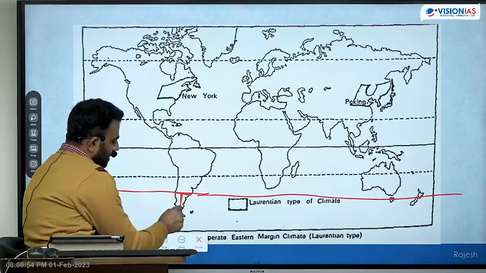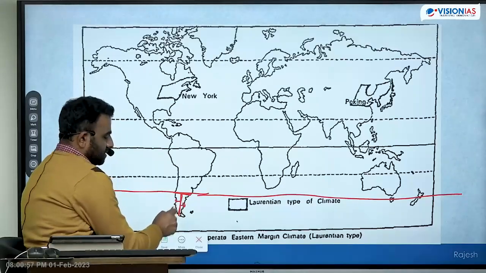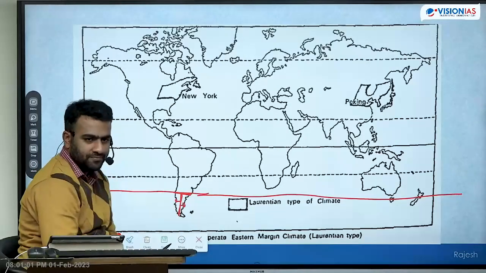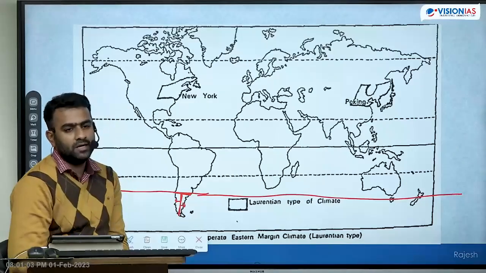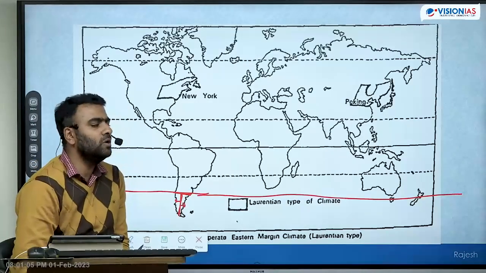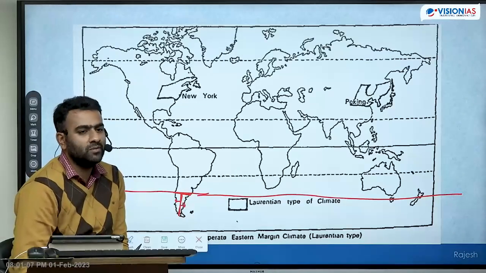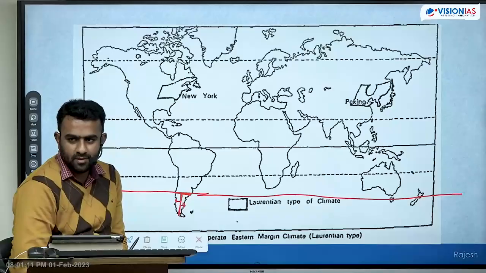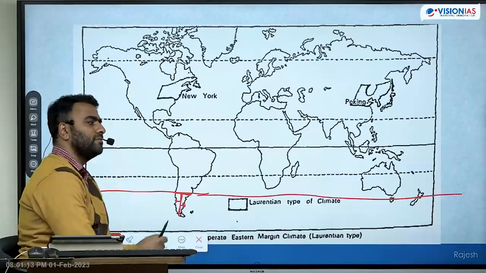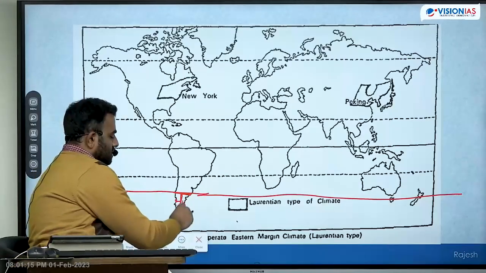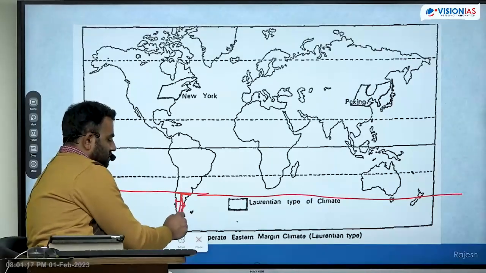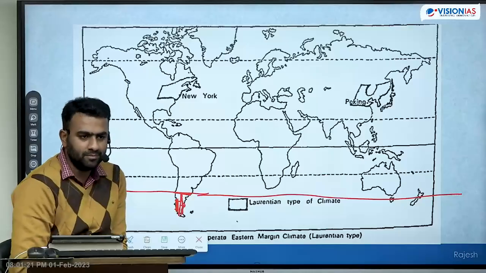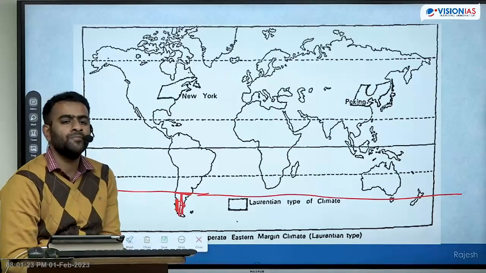You can divide into either eastern margin or western margin. Eastern margin मिल जाएगा, western margin भी मिल जाएगा, but not continental. Cool temperate continental climate is the only type of climate which is totally absent in southern hemisphere. There is a very narrow part of cool temperate eastern margin along this southern part, cool temperate western margin along this southern part. Cool temperate western margin is there in New Zealand also. British type is New Zealand. ठीक है.